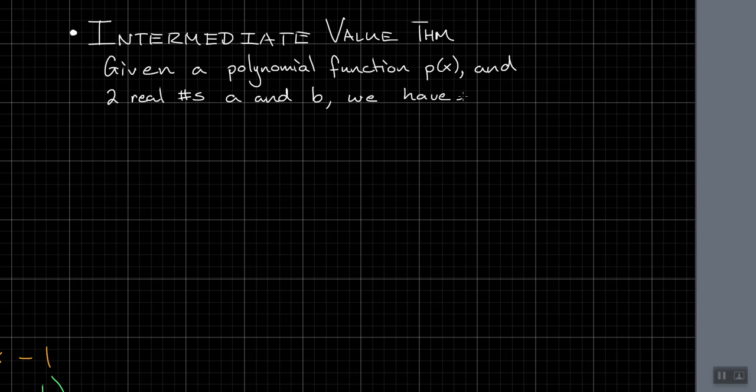Now, we're going to make sense of this with a graph here in a second, and it's going to be super obvious once we have the graph. If you give me two numbers, a and b, that are different numbers, which we'll just work with that assumption.